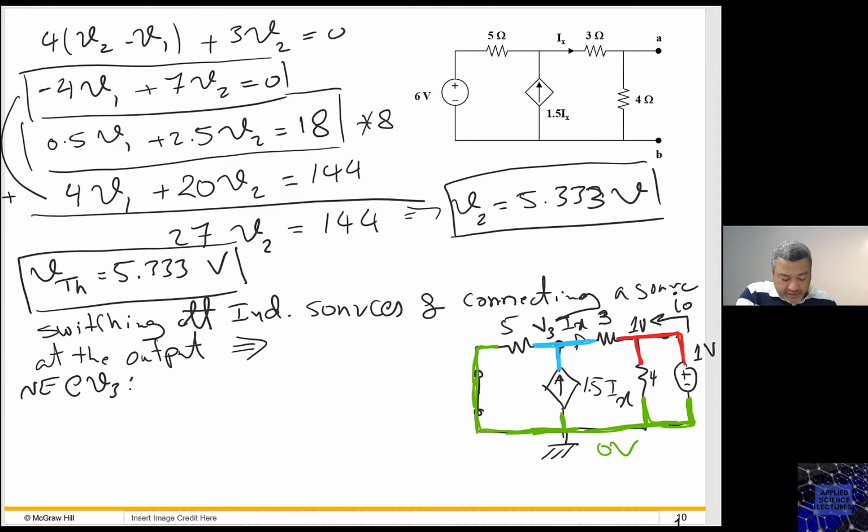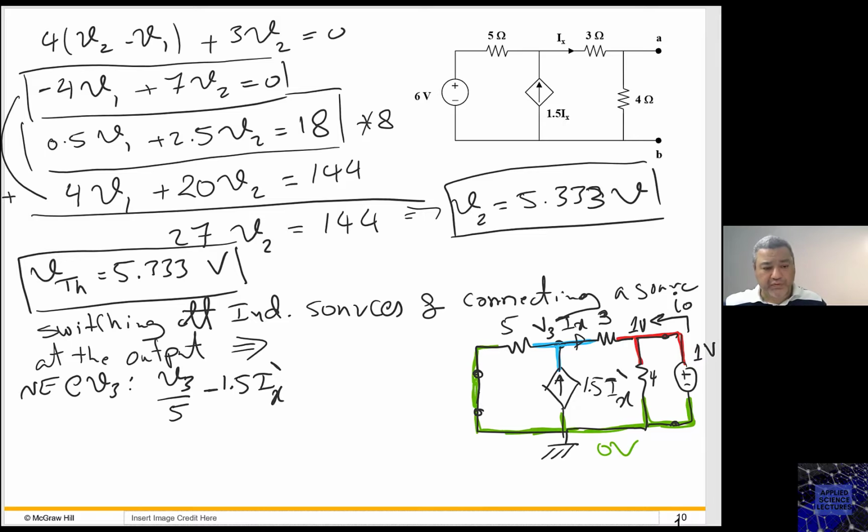V3 over 5 minus 1.5 Ix, right? Now this Ix is different than the Ix we did earlier, because there were some physical changes happening in the circuit. So to avoid any confusion, you can put a prime here, to make sure you don't mix this Ix and the Ix in the previous circuit.